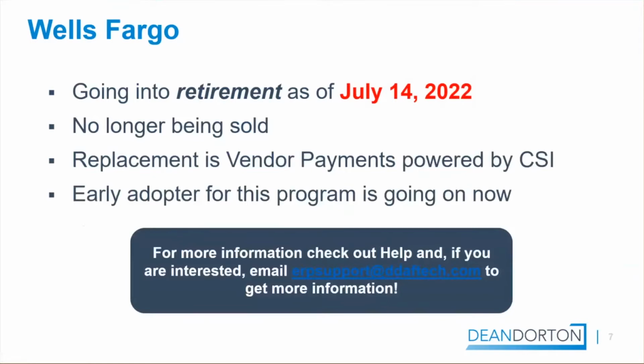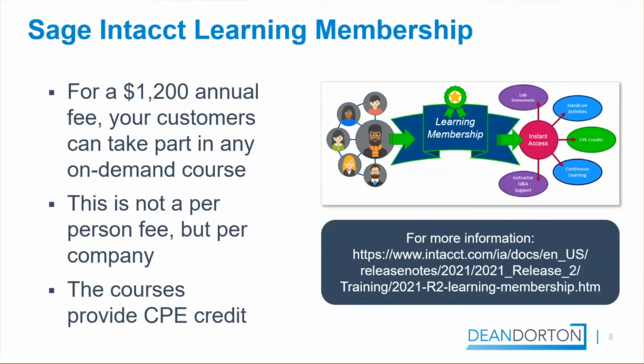As you can see here, if you have a desire to get more information about that, you can either email Kim Denton, kdenton@ddftech.com, or erpsupport@ddftech.com, and we can get more information over to you about it. But the Wells Fargo payment manager is being retired as of July 14th, 2022. So you've got a little time, but again, might as well plan ahead.